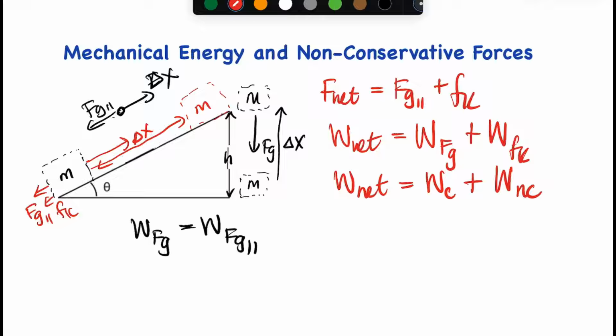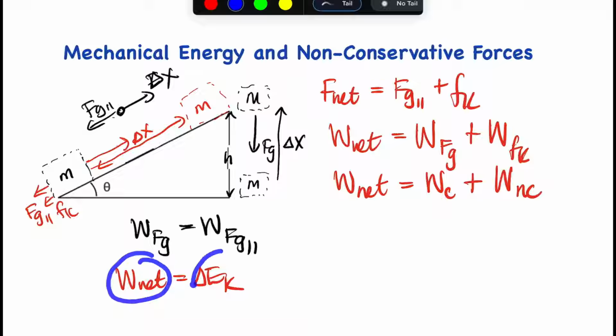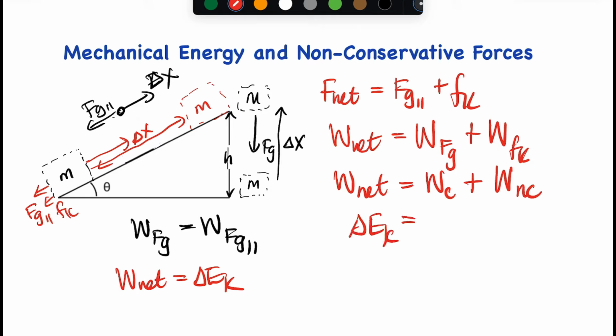Since we know from the work energy theorem that the work net is equal to the change in kinetic energy, I'm going to replace this work net by the change in kinetic energy there. I hope that makes sense.